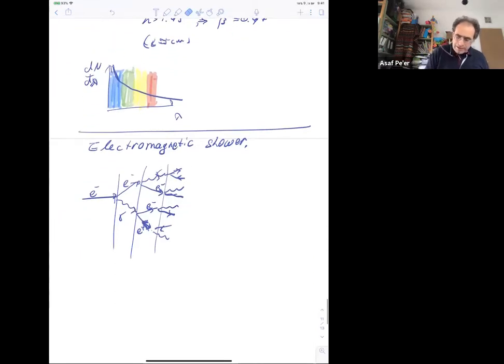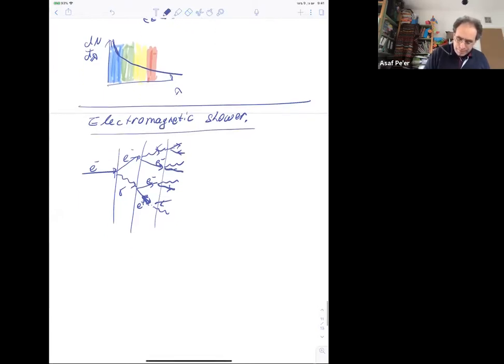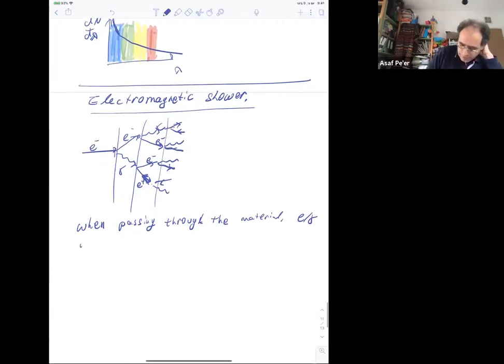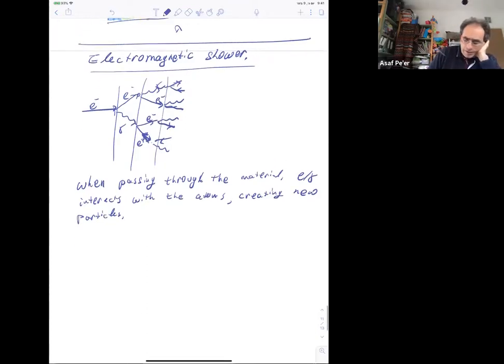So the idea is that when passing through the detector or through the material, the electron or photon interacts with the atoms, which creates new particles, until it leaves all of its initial energy in the detector.